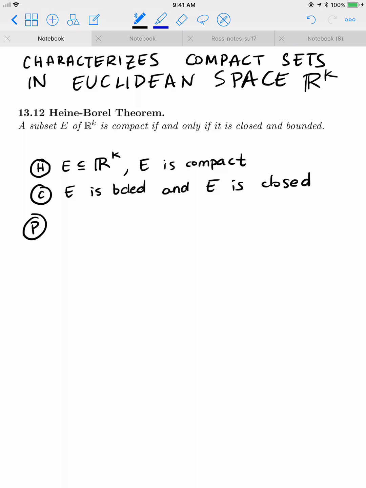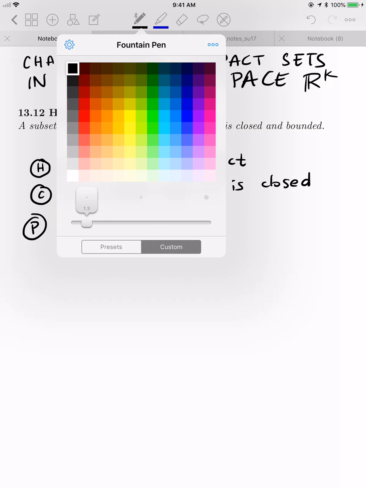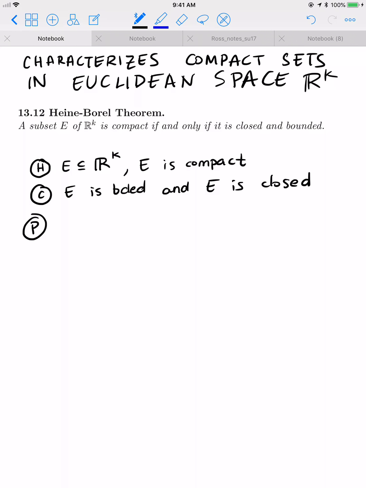So we know that E is compact. First, I'm going to show E has to be bounded.